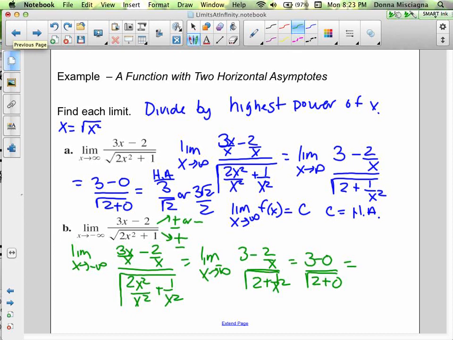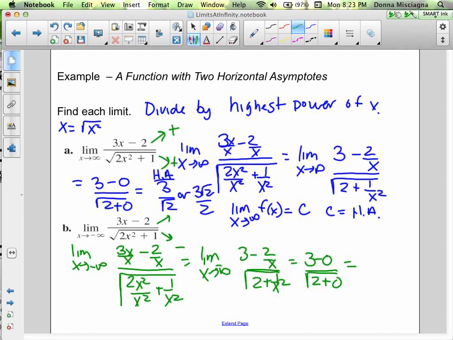Actually, I should move this over here. As we approach positive infinity, this is going to be positive, and this is going to be positive.